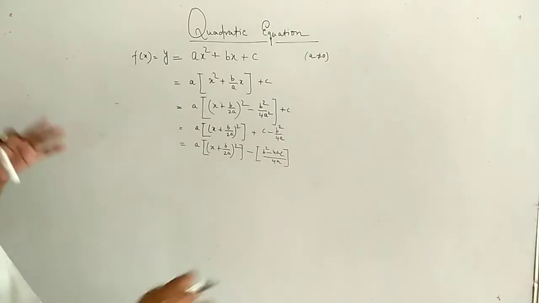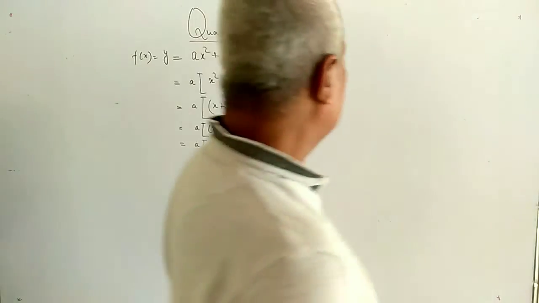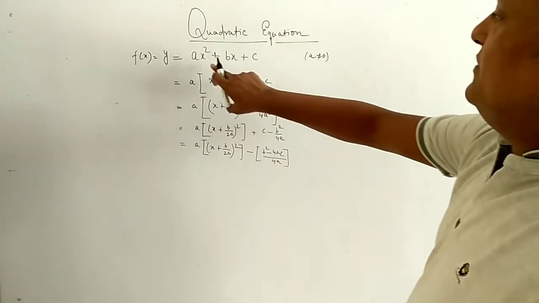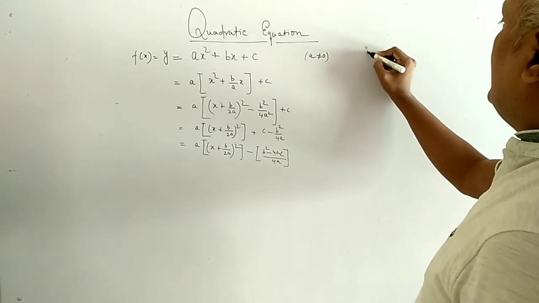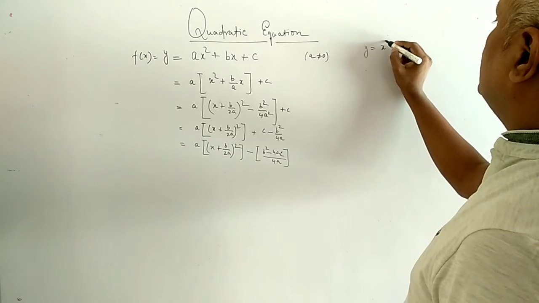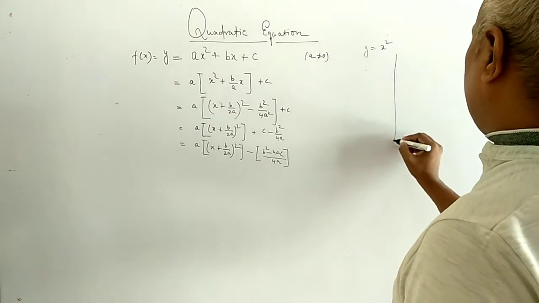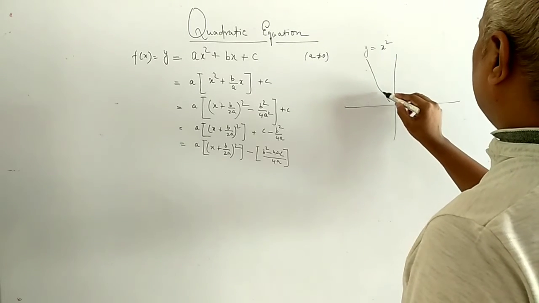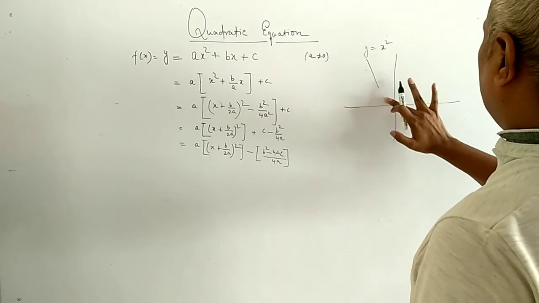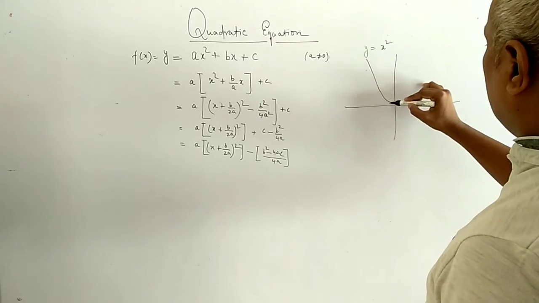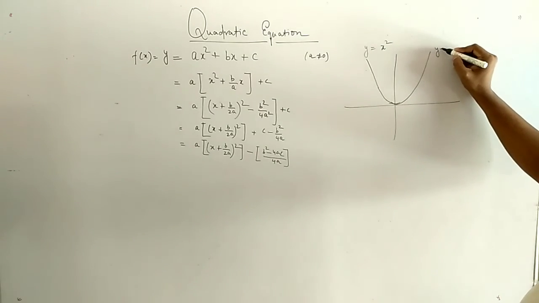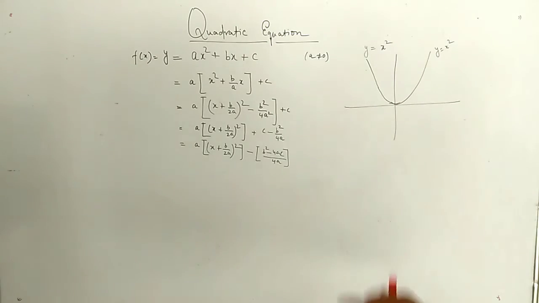Now if I try to find out what all this represents, for that you have to go to the notion of the parabola. Suppose you have y equal to just x square. If you try to find what it actually is, this is your graph. This is the graph of y equal to x square.